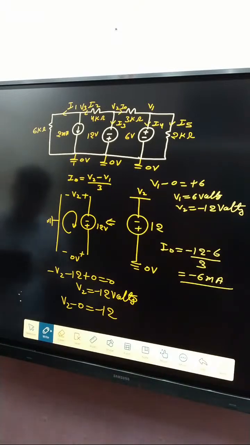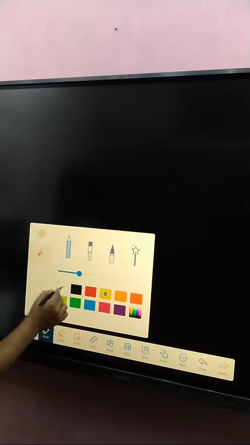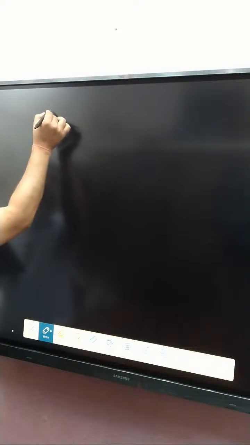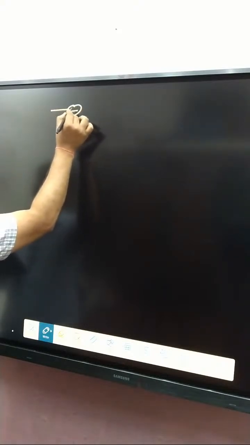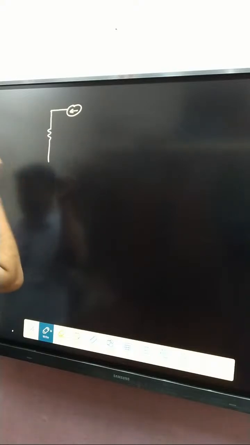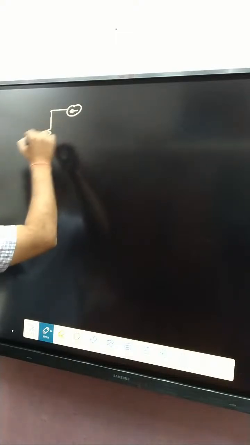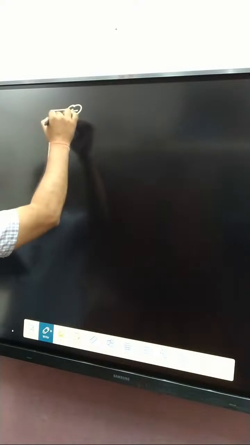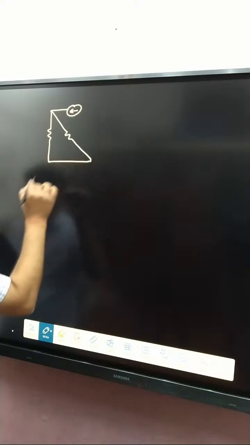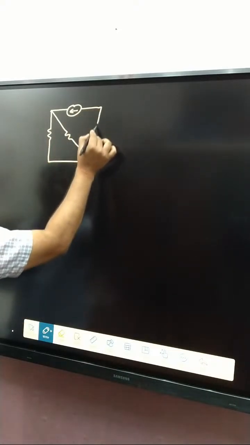So first of all, make it clear. Now the next problem: here is a current source, a resistance connected like that, after that a resistance, a circuit here, and another resistance.